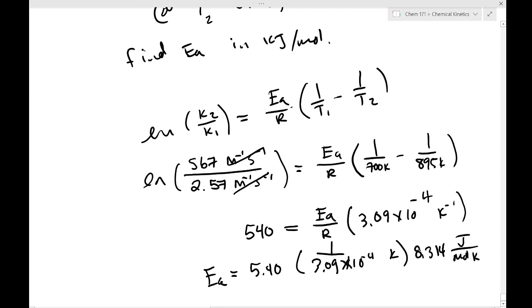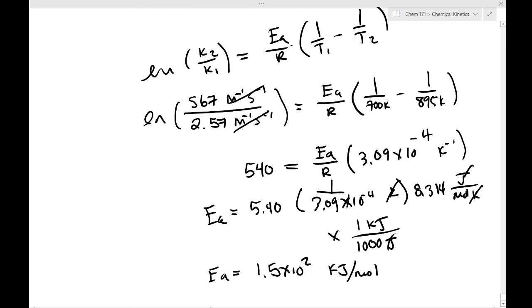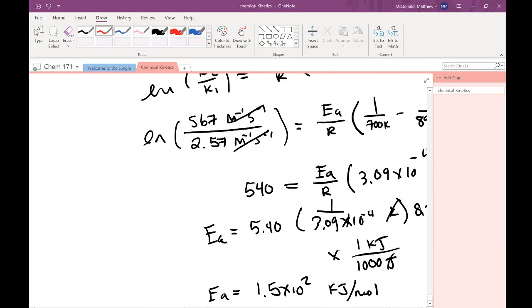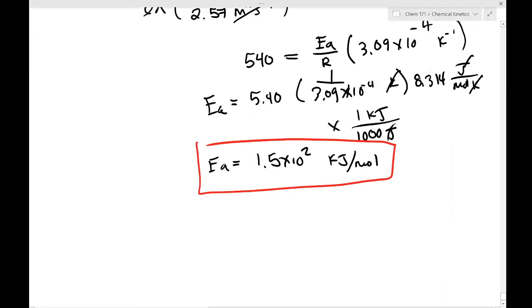Okay, and then we're going to multiply this to get it into kilojoules per mole, which is just multiplying by 1 kilojoule is equal to 1,000 joules. So we cancel out joules there. We canceled out Kelvin, so now we end up with kilojoules per mole, and we get EA is equal to 1.5 times 10 to the 2 kilojoules per mole. Okay, there we go. That's EA for you. And I hope that's what you got in your example as well.